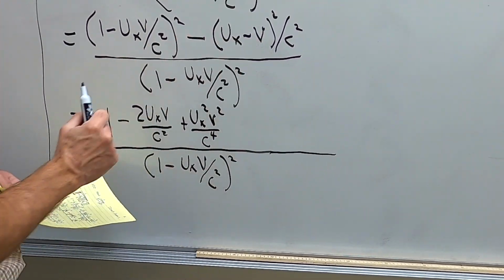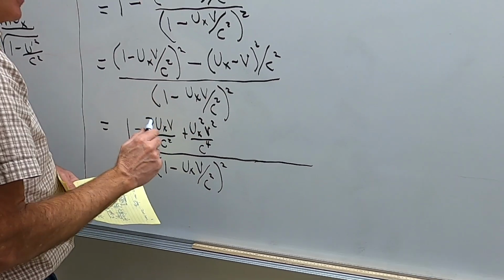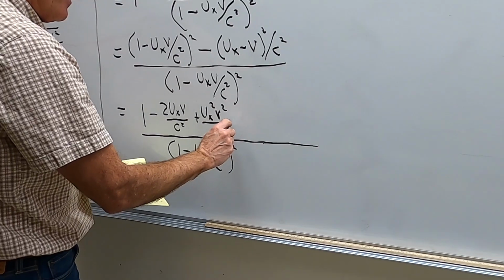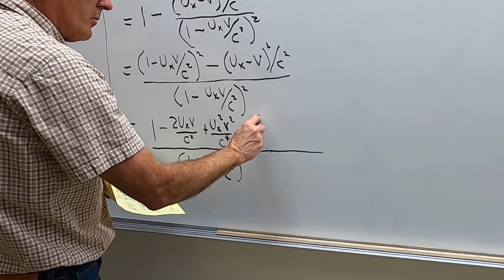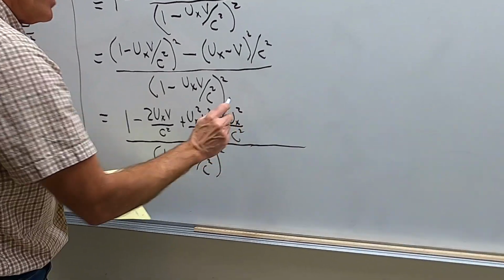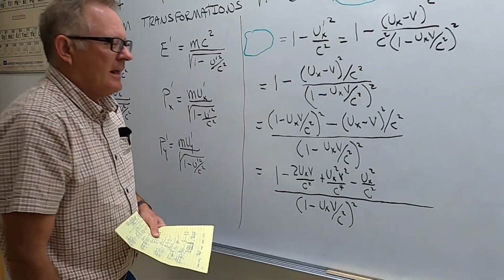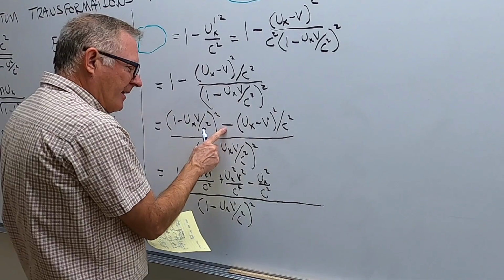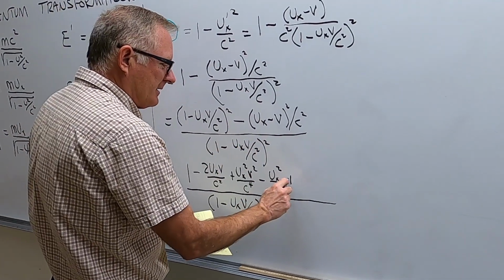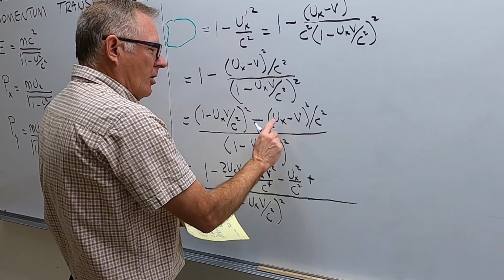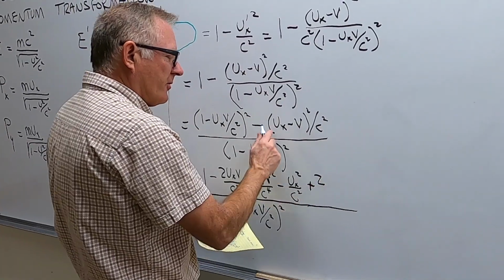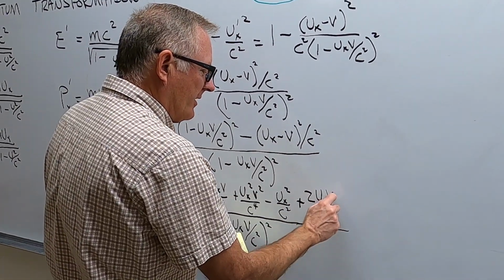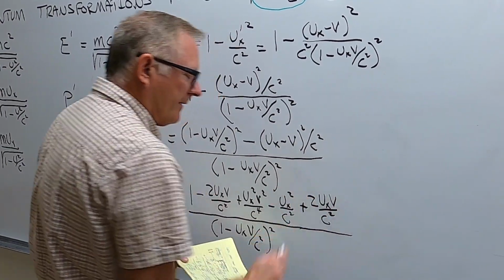Okay, and then we've got this term right here. The first term is minus ux squared over c squared. Now the middle term is minus, but I get another minus, so it's a plus 2 times the first times the second, 2 uxv all over c squared.